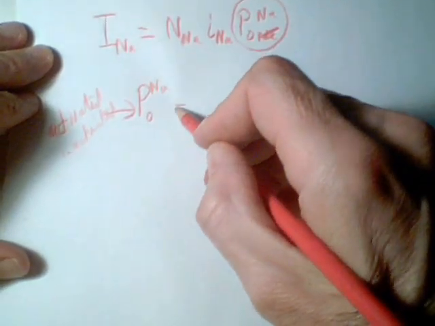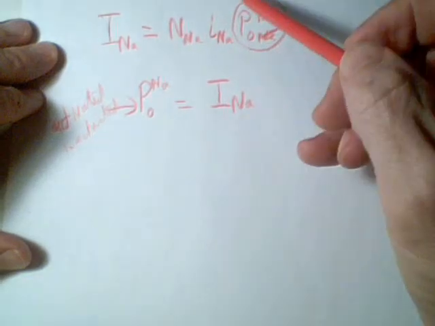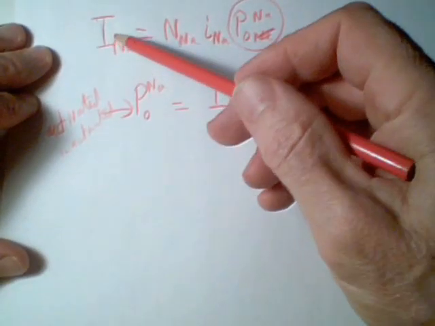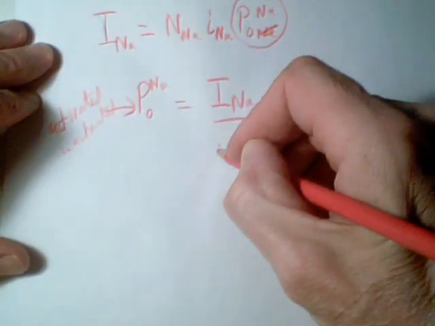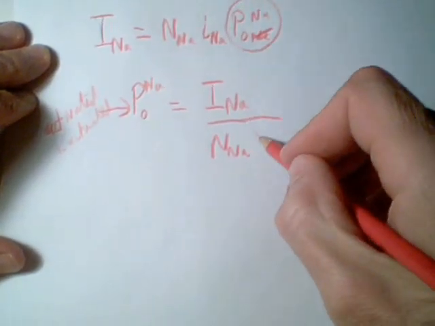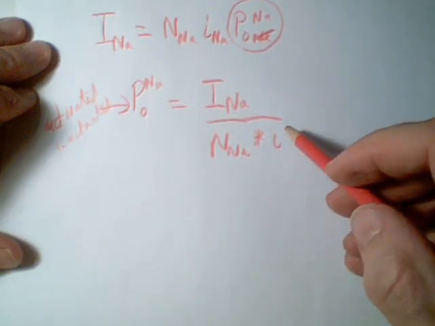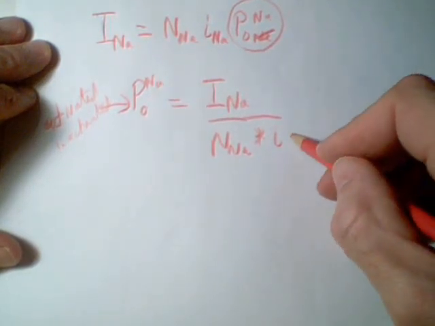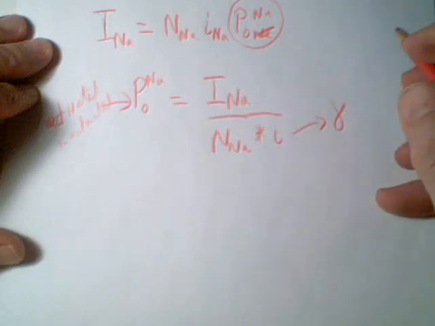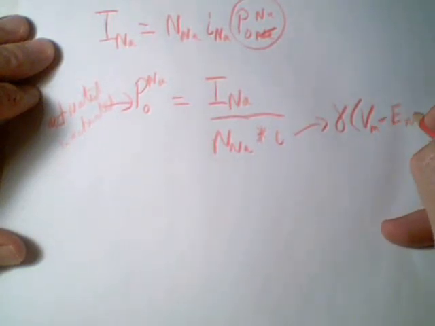You can measure this by just measuring the amount of sodium current. What I'm going to do is bring these two over to this side, divided by the number of channels, divided by the unitary current. And this unitary current, as we said in class, is some constant times the membrane potential minus the reversal potential for sodium.